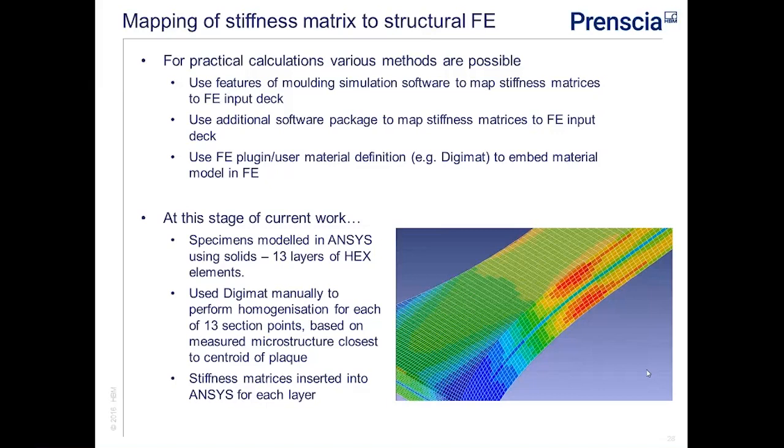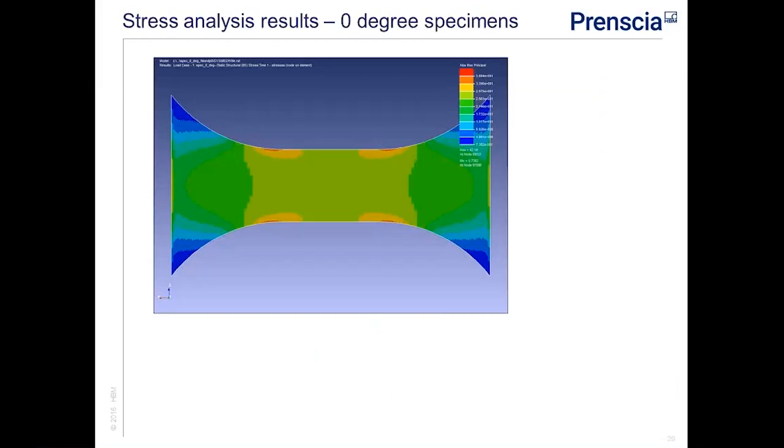We're going to look at the stress and strain fields for the coupons for the 0, 90 and 45 degree orientation. So let's start out by looking at the 0 degree specimens. So these are the stress analysis results.